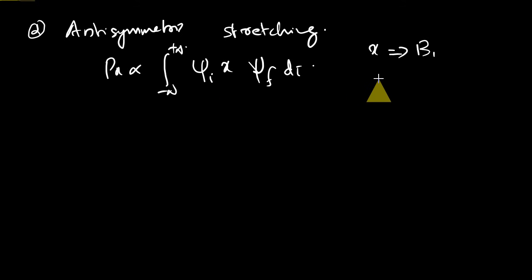That is, the symmetry of psi i is A1, the ground vibration level is always A1, and the symmetry of x is B1, and the symmetry of psi f is B2. So that is A1 B1 B2. What about A1 B1 B2?